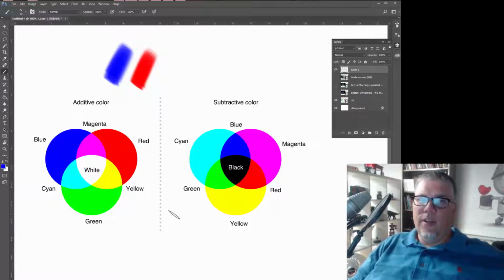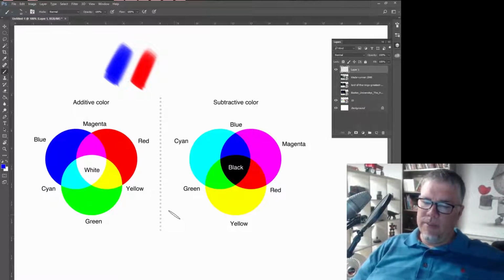So they're geared to mimic paint, not light. So you might think, well, it's light, it should work like light. No, they've programmed it to work the opposite of that, to work in subtractive color mixing.